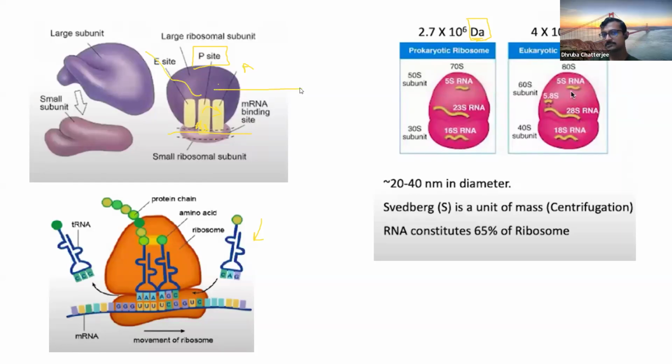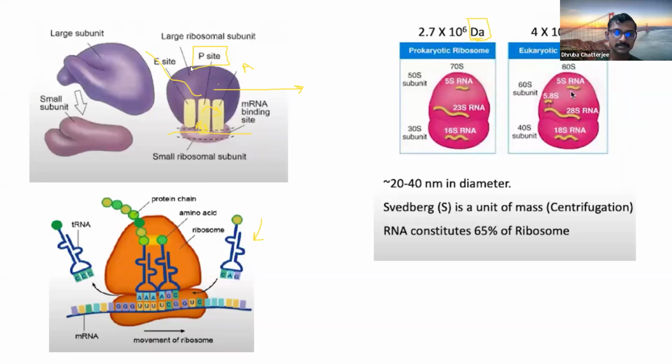As the ribosome moves and polymerizes more and more amino acid residues via the covalent peptide bond, the E site is the site of the large ribosomal subunit through which this nascent, elongating, emerging polypeptide chain comes out.